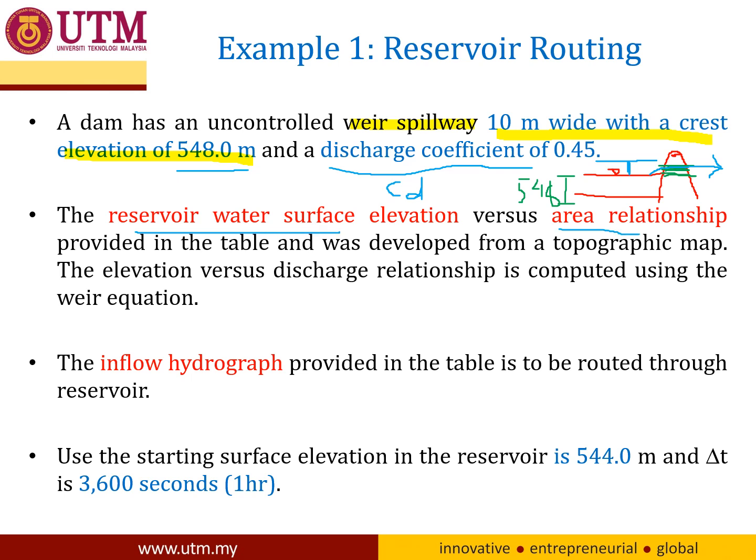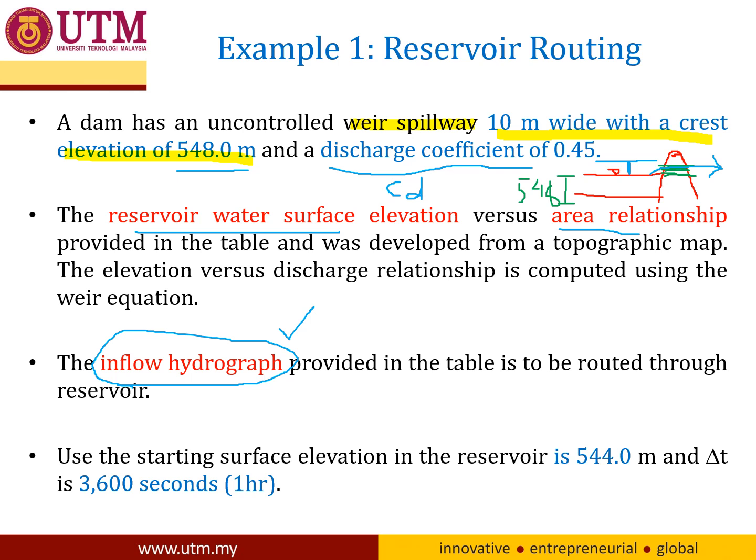You want to get this so that you have the storage versus elevation relationship. Next, the inflow hydrograph provided in the table is to be routed through the reservoir. So they give you the information of the inflow hydrograph. Remember, if you want to do reservoir routing, you have to have inflow data. So they give you the inflow data.